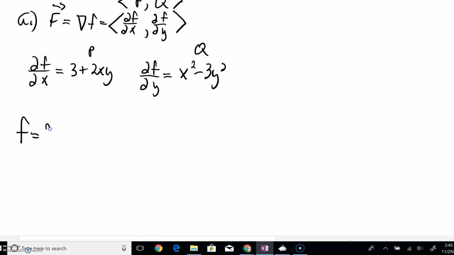The antiderivative of 3 is 3x. The antiderivative of 2xy, remember y is thought to be a constant, we'd get x squared y. And then we could have a constant, but that constant, I'm not going to write just as a numeric value like a plus c. We're going to say, look, y was filling in for constants before.